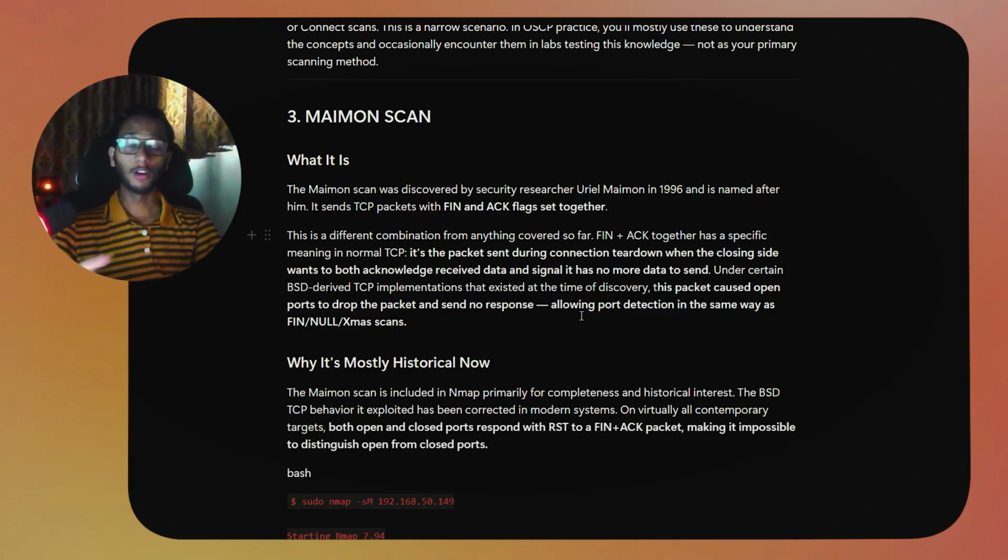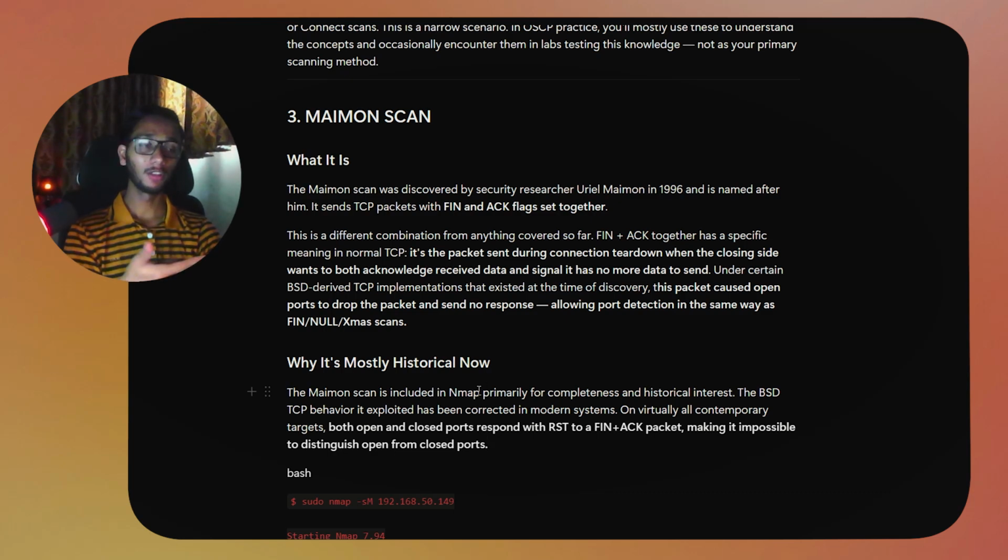When researchers figured this out, they realized it could be exploited, so they corrected this. Now both the open port and the closed port will send you the RST packet instead of dropping your packet and letting you know that the port is open. It's now impossible to distinguish between the open and the closed port, right? So this is another scan type that used to work before.